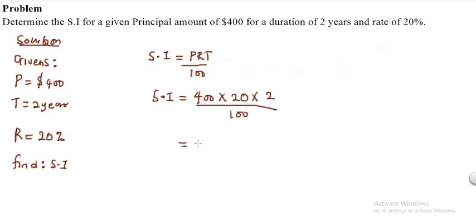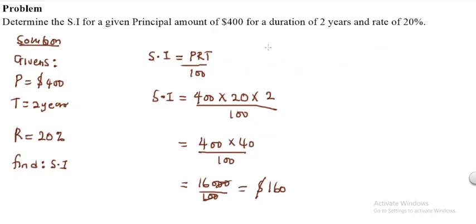This is then equal to 400 times 2 times 20, which is 40, divided by 100. 400 times 40 is 16,000 divided by 100. So if I cancel out these two numbers here, I have this as equal to 160. So my simple interest on a principal amount of $400 for a duration of 2 years is $160.